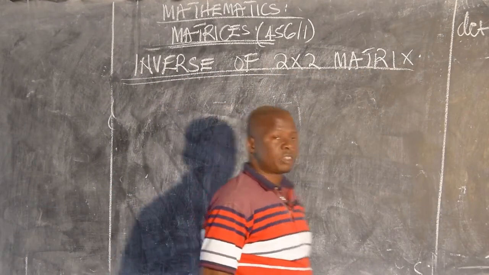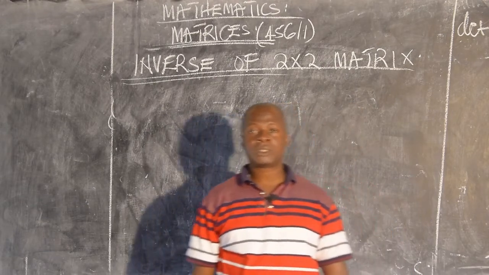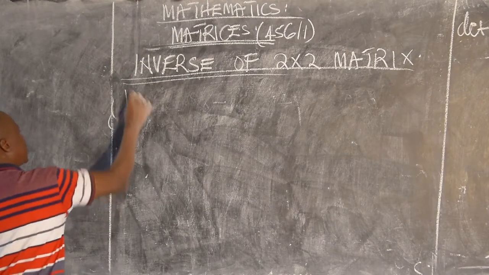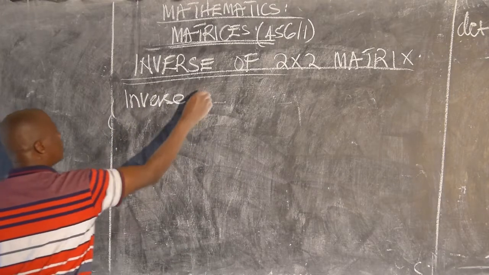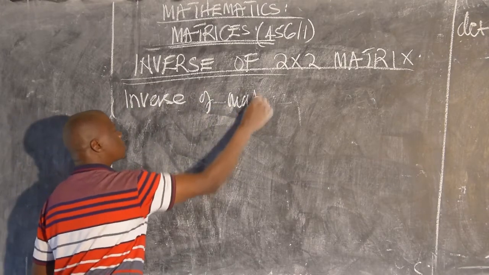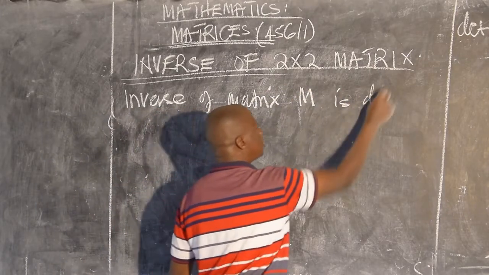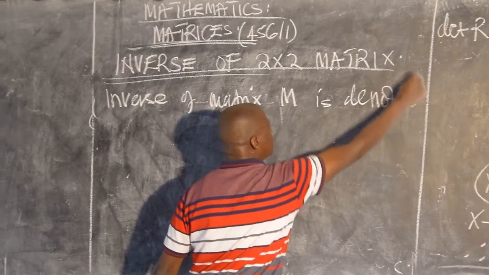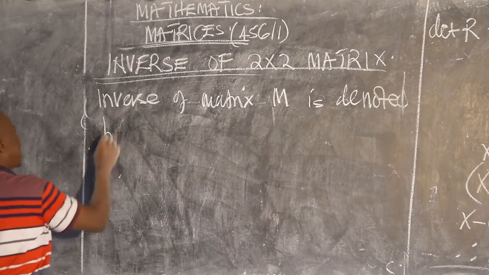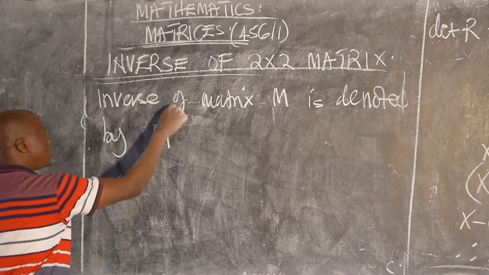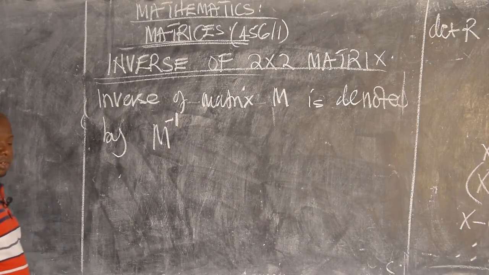The inverse of a 2 by 2 matrix is denoted by, let us say, matrix M, M to power -1.